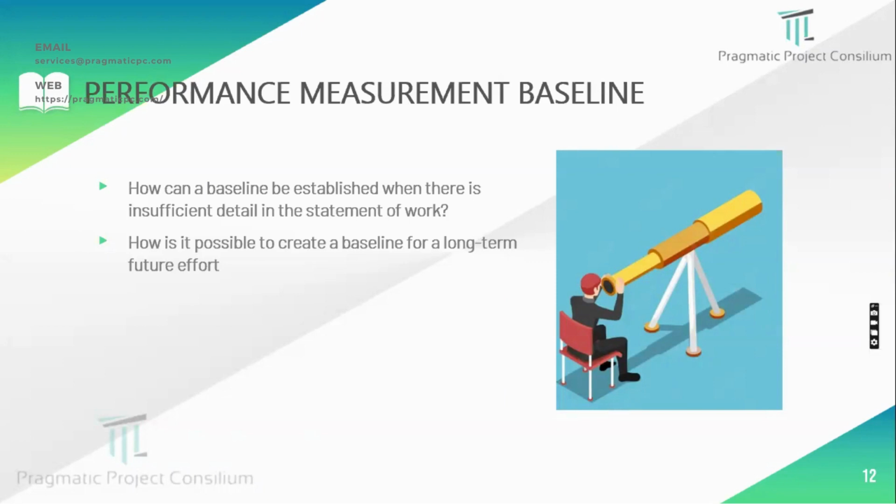Now the great question is, how can a baseline be established when there is insufficient detail in the statement of scope of work? Here, the important criteria are scope, schedule, and budget. We need to integrate them the right way, and therefore the right budget and schedule are possible.